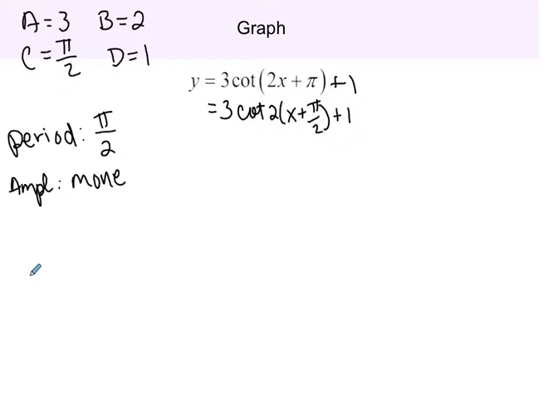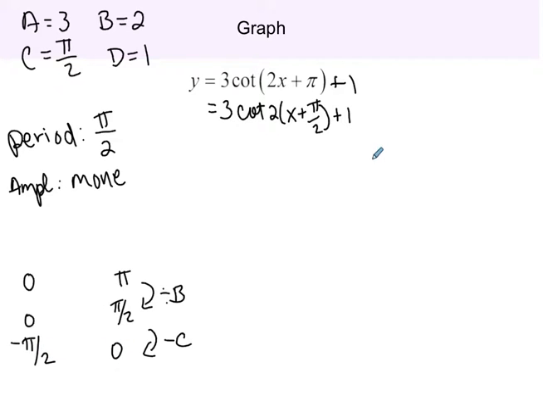So with cotangent, normally we would graph between 0 and pi, but I now have shrunk my graph horizontally. So I've got to divide by b. So it's between 0 and pi over 2. And then I have to subtract c, and c is pi over 2. So between minus pi over 2 and 0.